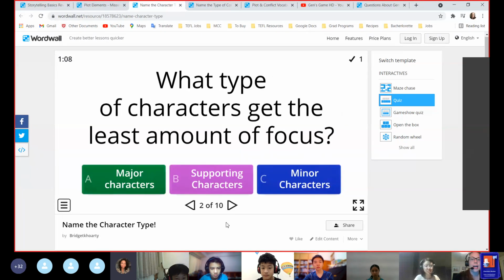All right, let's check out question 2. What type of characters get the least amount of focus? So the least amount of focus in the story. Major characters, supporting characters, or minor characters. The least amount of focus. Raise your hand if you think it is major characters.